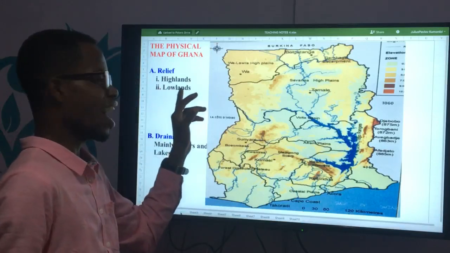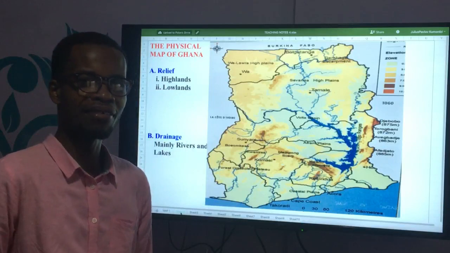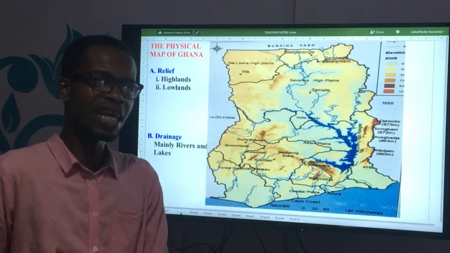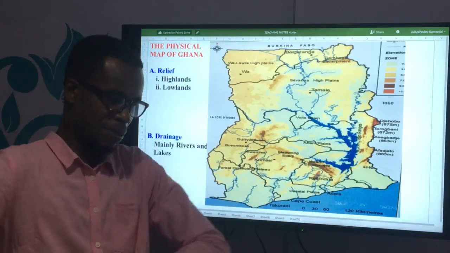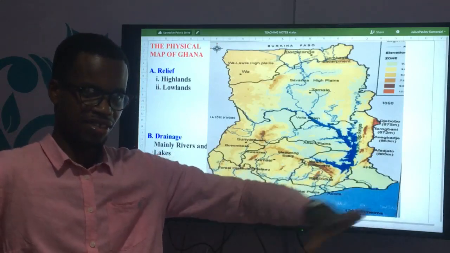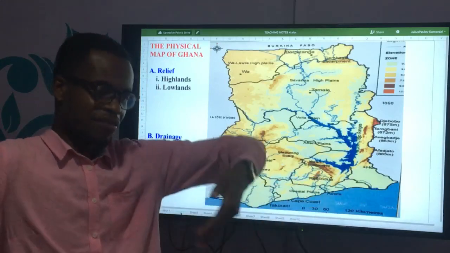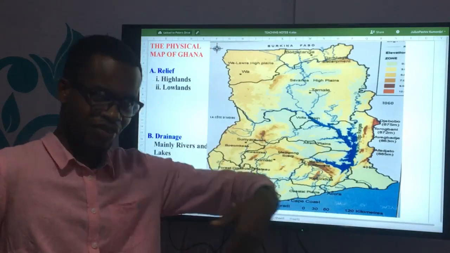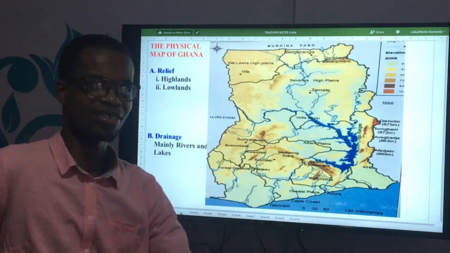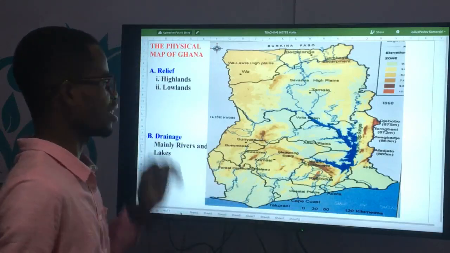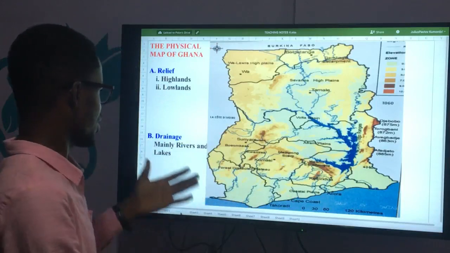Then under the Lowlands, we'll have plains, a plain surface, and then we'll have valleys. So we can put that under the lowlands.